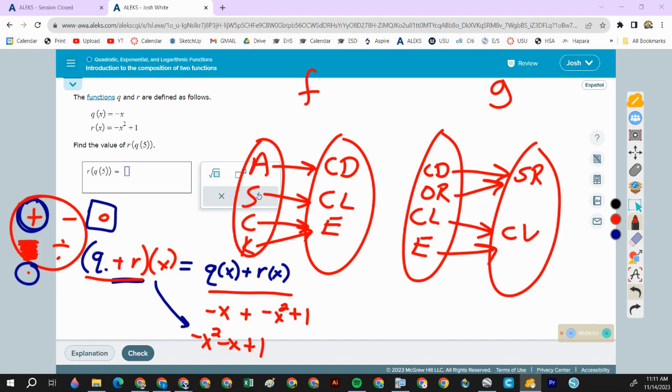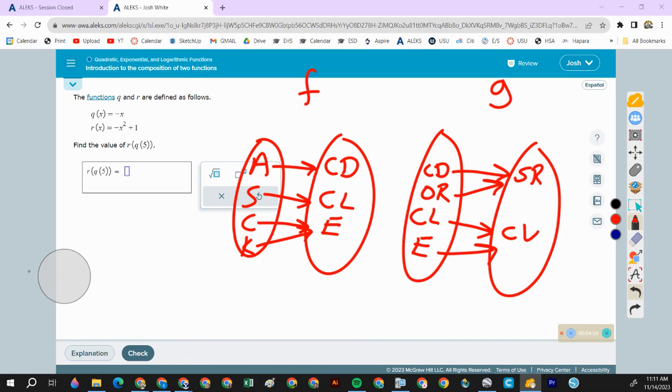So if I had g composed with f of x, that is the function's name, g composed with f, right? The instructions on how to build that is g of f of x.